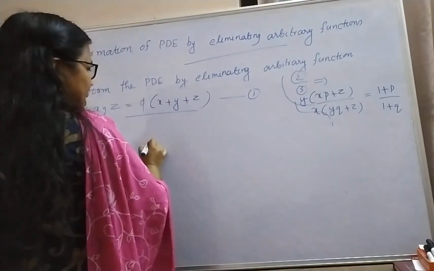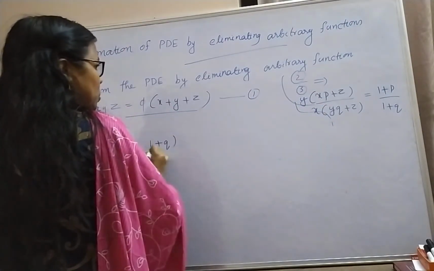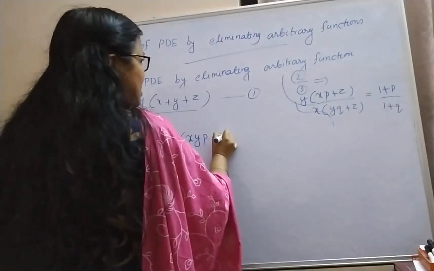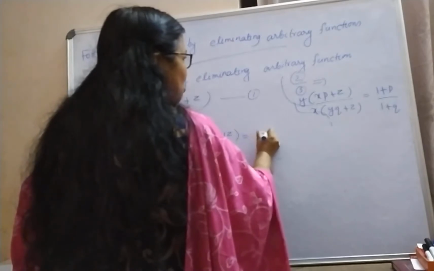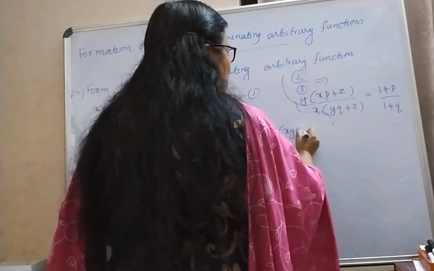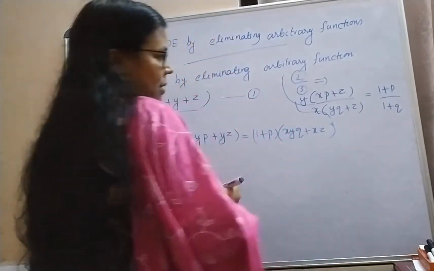By cross multiplication, 1 plus q into y into xp plus z equal to 1 plus p into x into yq plus z.